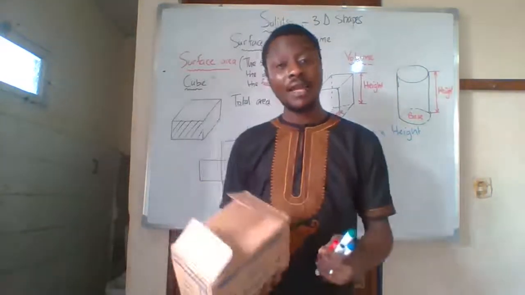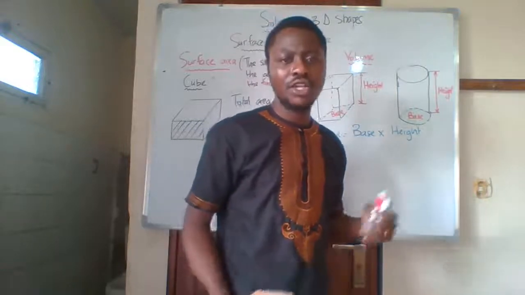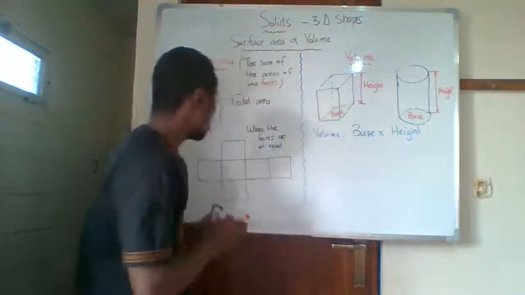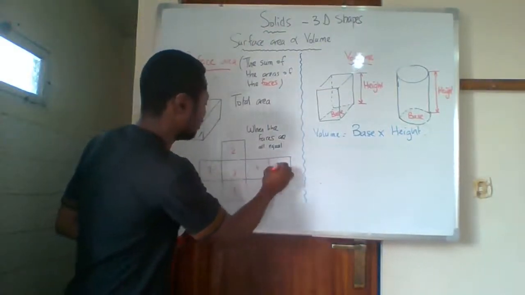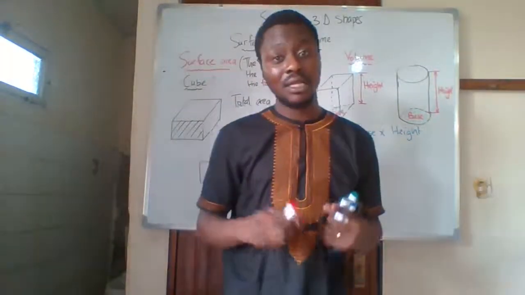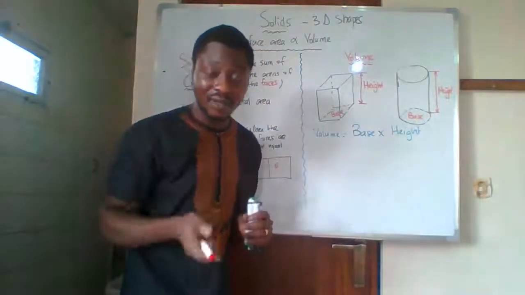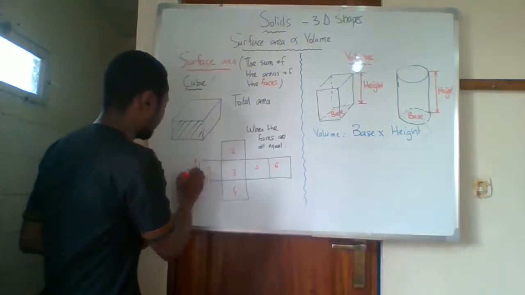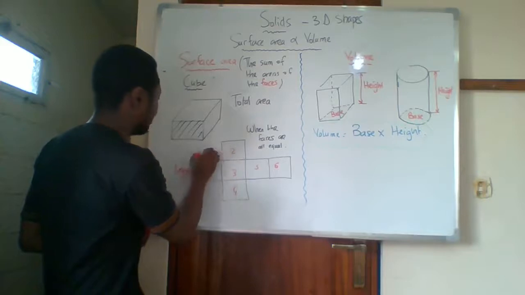Now, the surface area is the addition of the area of each of those small faces. So I'm going to find the area of this face. And you already know how to find the area of a rectangle. It's length times width. Each of those small faces has a length and a width. So I can call this the length, and that is the width.